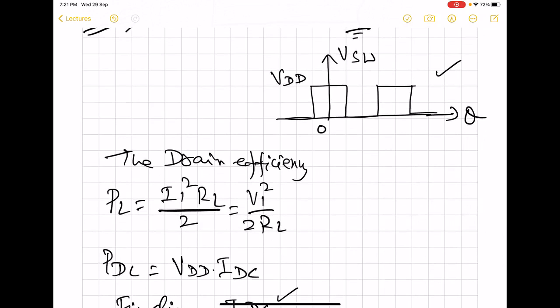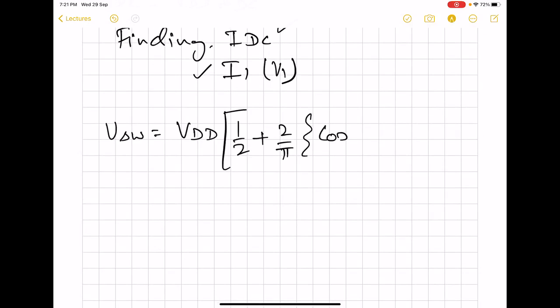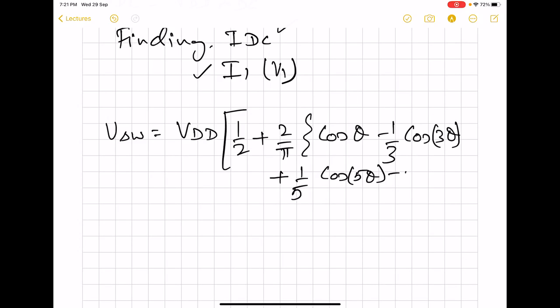So when we have this source, we can write its Fourier component. There will of course be a DC term, because this is between 0 and VDD. Here once again theta is equal to omega t.